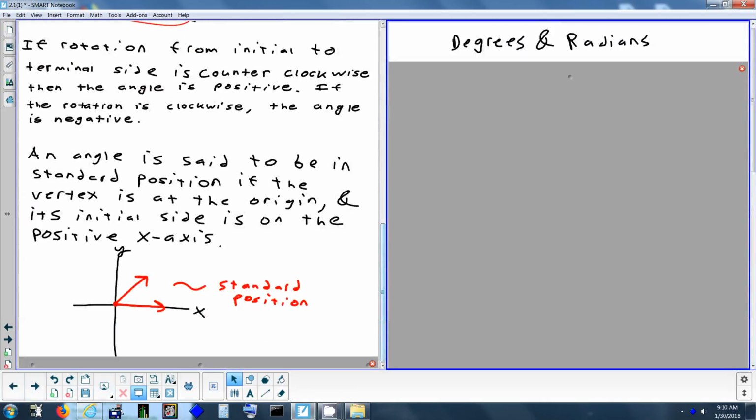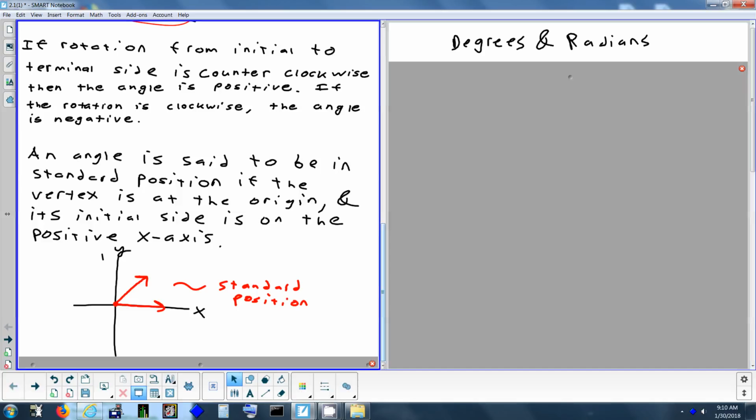You can also describe an angle as a revolution. Like to me, that looks like it's about an eighth of a revolution. If 90 degrees is straight up, that's a quarter of a circle. That's maybe about an eighth of a revolution. So let's start there. How many degrees to make one full revolution?